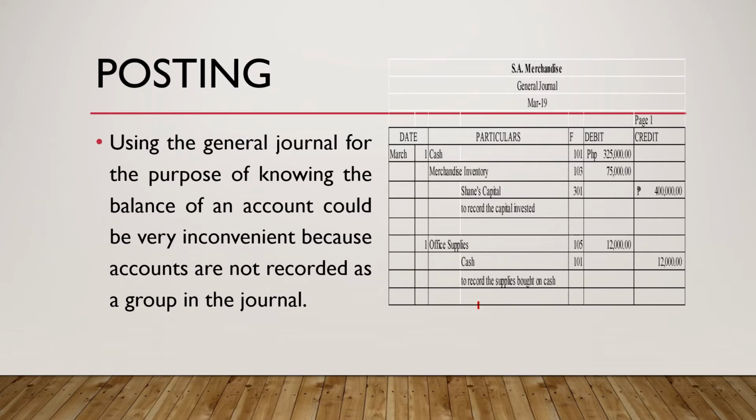Ibig sabihin, lahok lahat ng mga account, naka-record siya chronologically but not specifically. That is the problem if you want to know the total of the inventory on a certain date. It's very impossible to know it quickly without computing and without scanning the journal one by one.